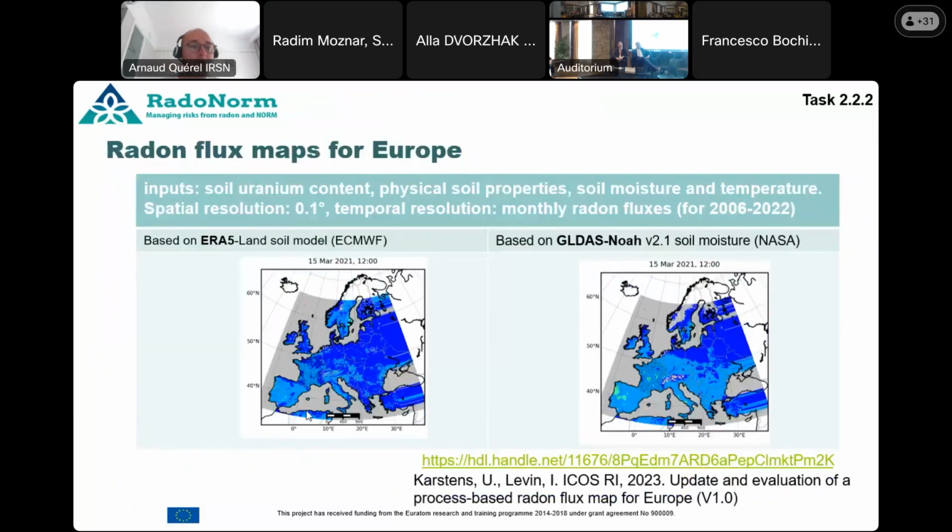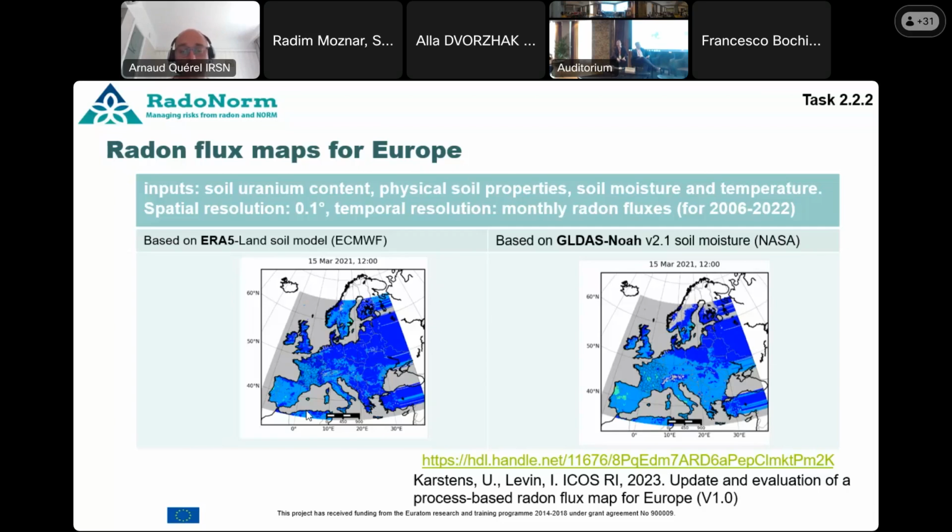About the radon flux map we have used in this study: the radon flux is determined by the soil uranium content, the physical soil properties, and the soil moisture and temperature. But we have to note that soil humidity has a huge impact on the radon flux maps.